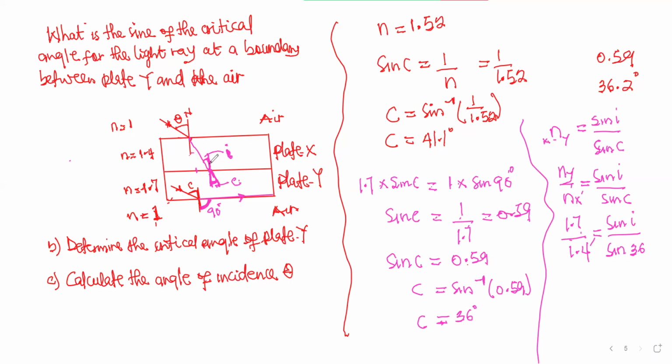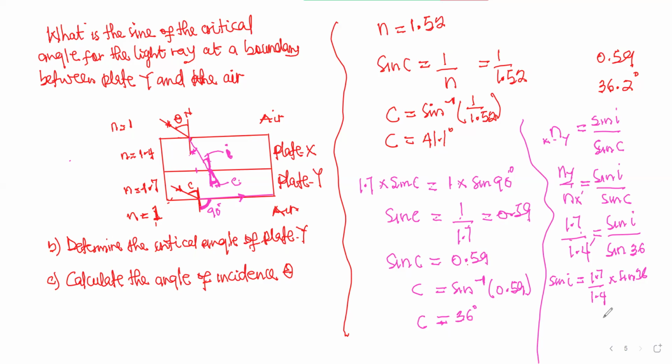And that angle of incidence is also the same as the angle of refraction here. So please help me find I. We have sine I equal to this ratio, 1.7 over 1.4 times sine 36. Quickly calculate this for me. Please, let's hurry up. Are we through?